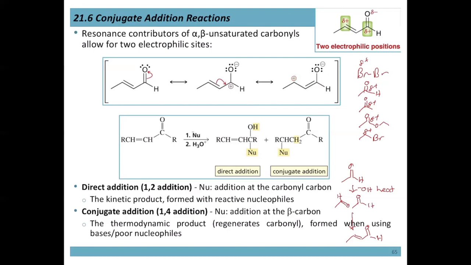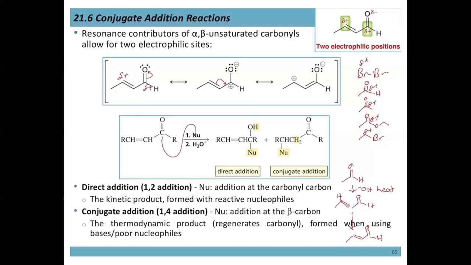Of course, the resonance structure that best identifies a molecule is the first one. But again, resonance structures tell us something about the reactivity. And so we actually have two electron-deficient sites, and we could add our nucleophile in two different ways.